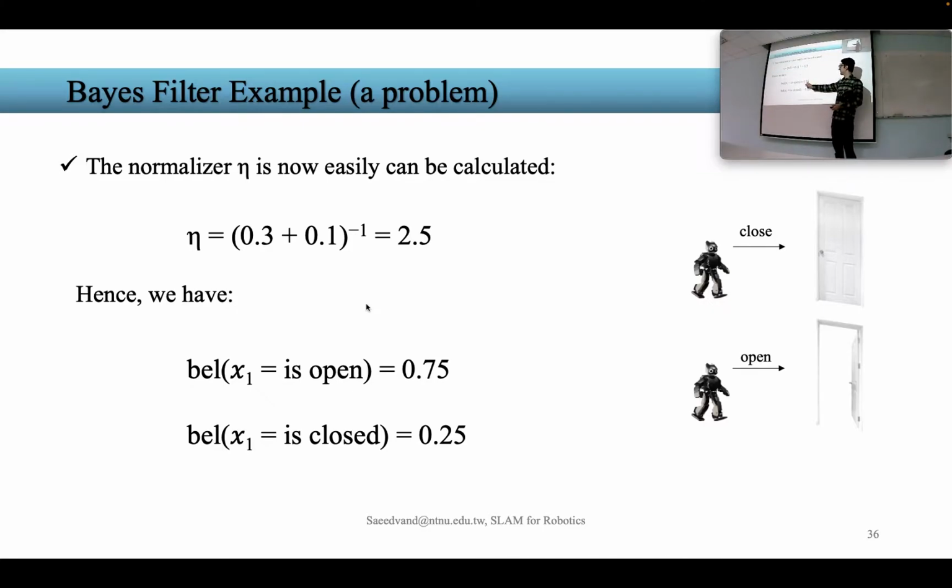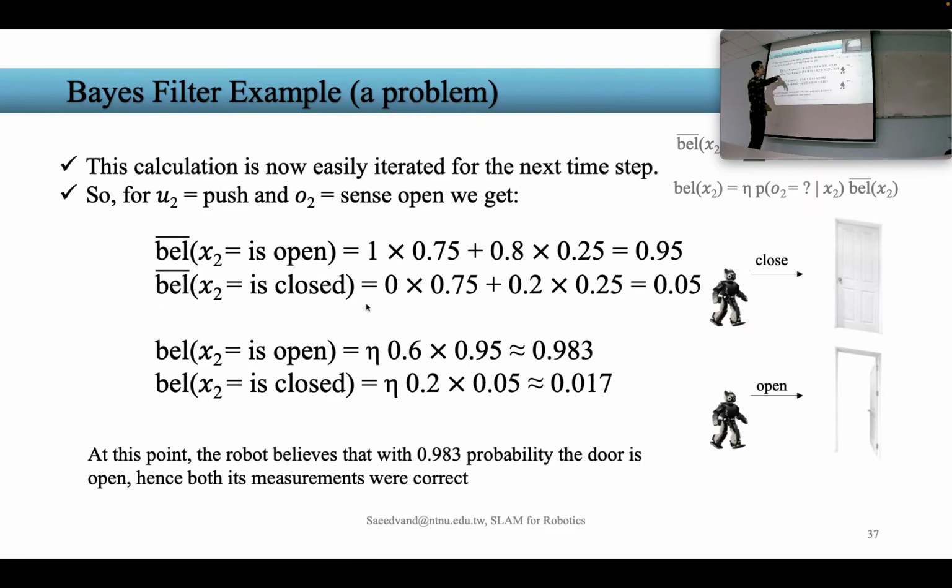We said, okay, 75% our robot says the door is open and 25% says it is closed. Then we said you can continue this: initial step, stage 1, then we continue to stage 2. We did all the calculations, but this time we used x1, the previous belief that we already calculated, 75% and 25%, which you can see in this slide.